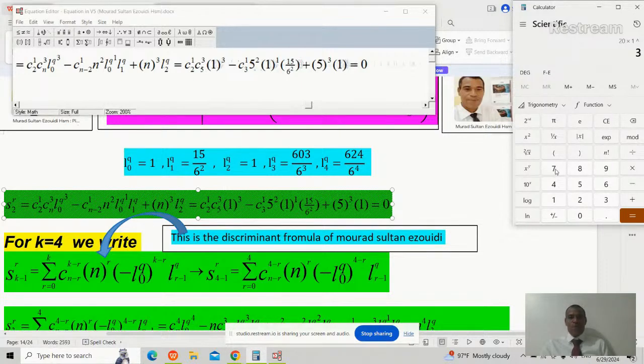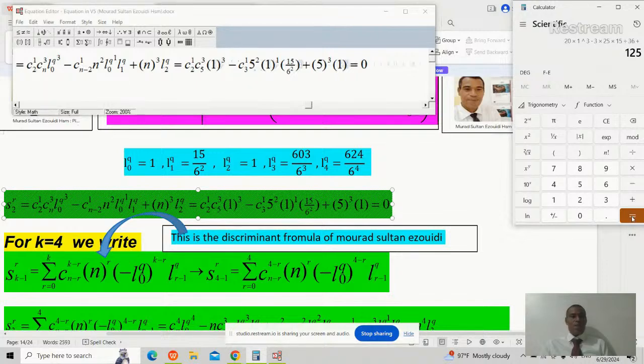Okay, minus what? Minus 3 times 25 times 15 divided by 36, plus 125. Okay, because 5 cubed times 1 is 125.